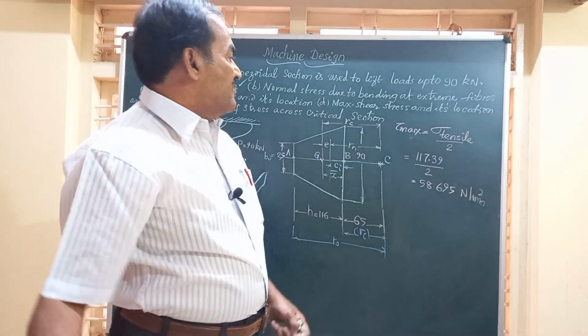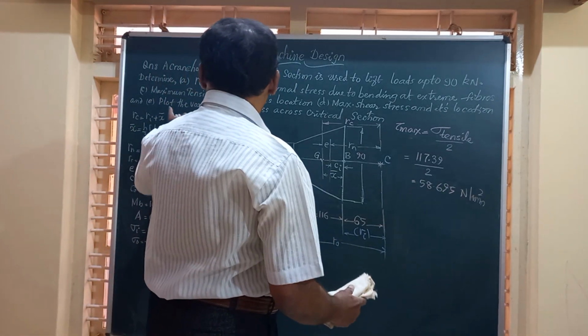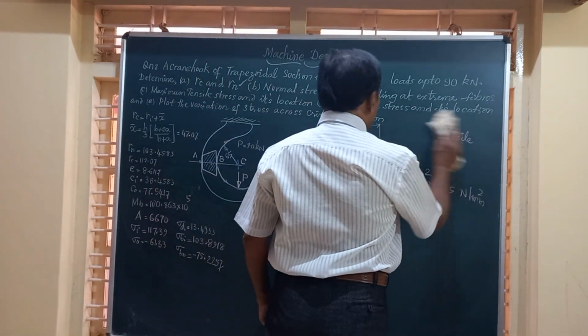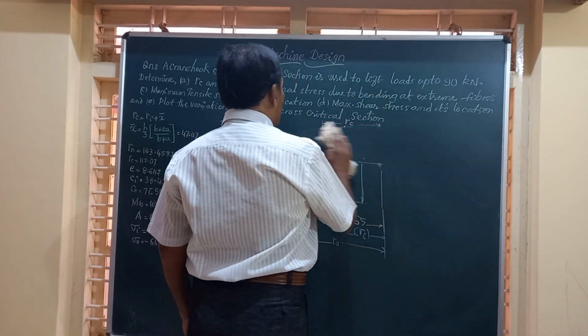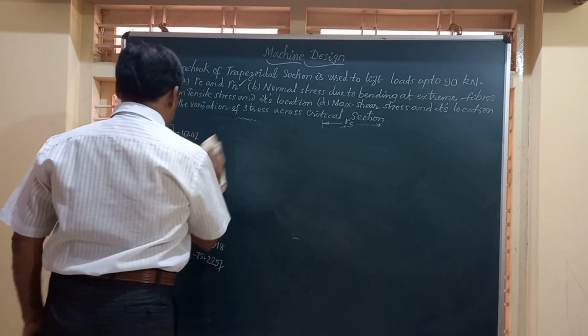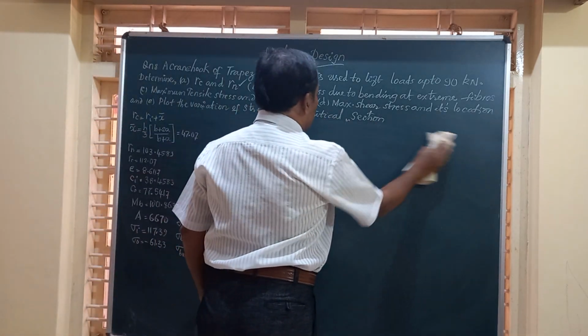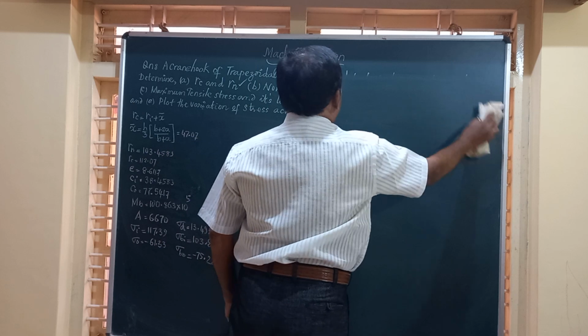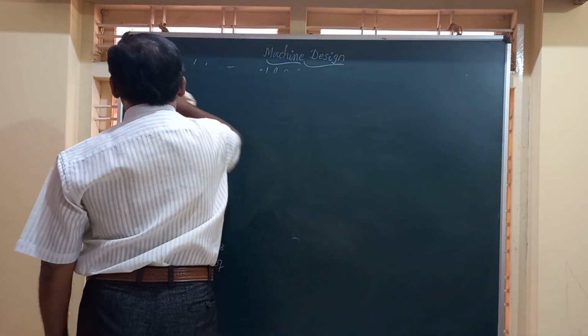Friends, finally, we have been asked to plot the variation of the stress across the critical cross section. So variation of stress is to be plotted. So we know all the values.